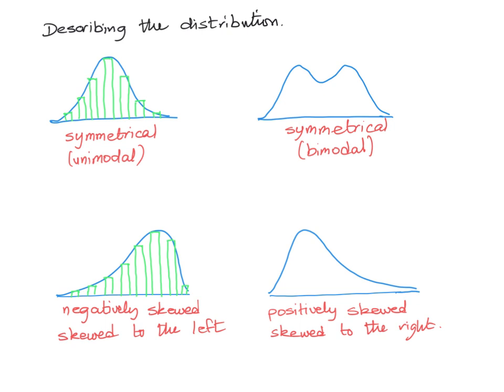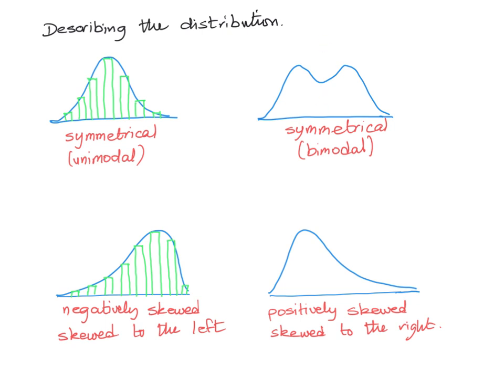So now I want to talk a little bit about describing the distribution. When your distribution has this shape or maybe this shape, where if you cut it right down the middle, the left side and the right side look kind of the same, or they are symmetrical, then it's called a symmetrical distribution.